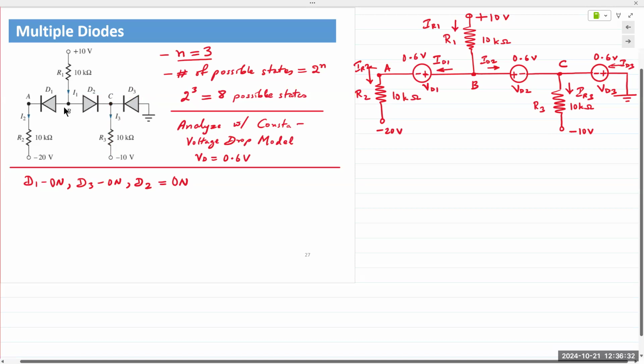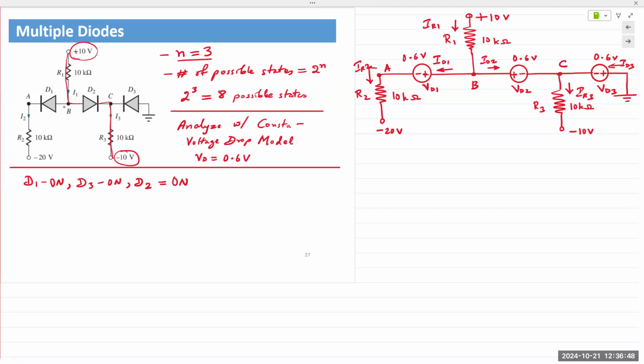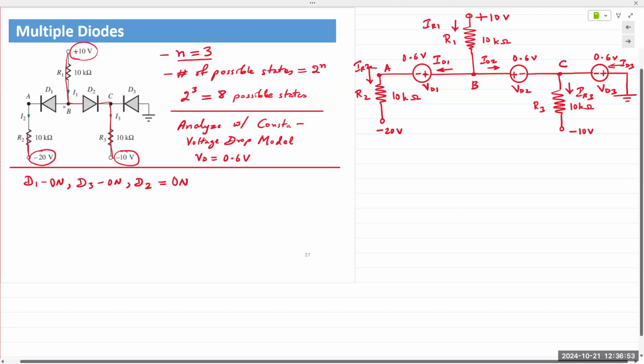And then we come to D2. Now for D2, the cathode seems to be connected to -10, and the anode seems to be connected to +10. Okay, so we could assume it to be on, but there's also the matter of this -20 volt connected to the anode of D2.